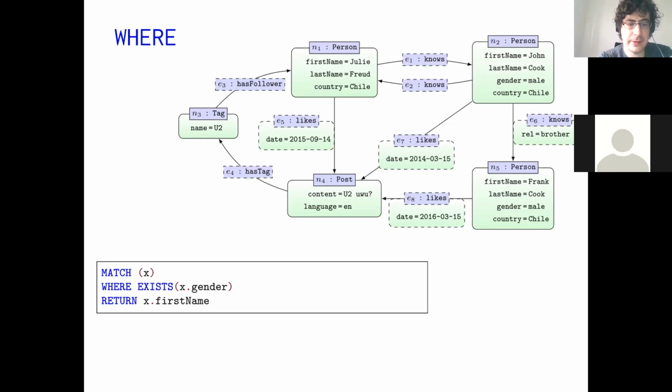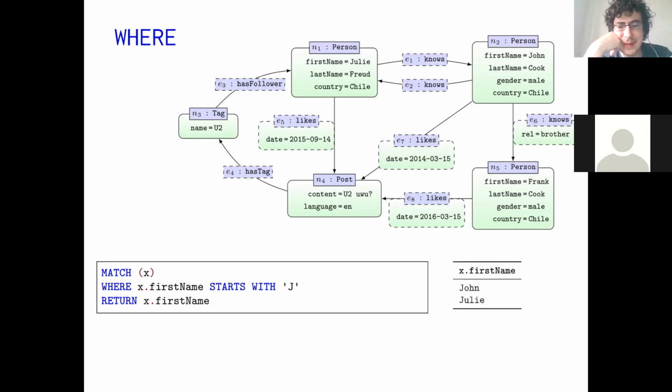Here we're looking for nodes X where there exists gender. So we're looking for nodes that have a gender defined on their first names. That would be John and Frank in this case. Starts with J. Okay, that would be Julie and John. So we get John and Julie.